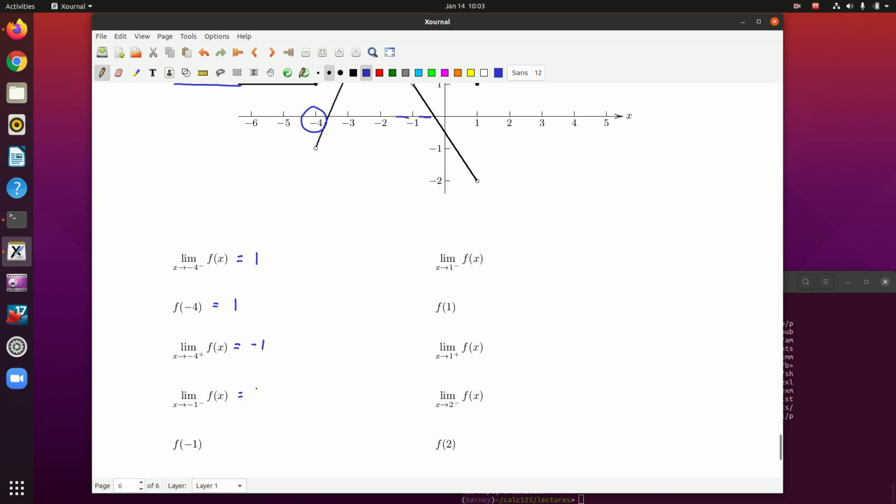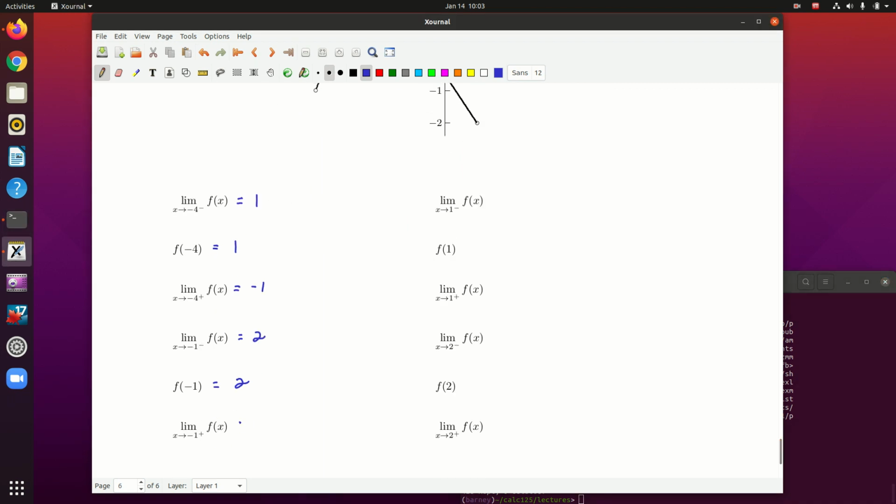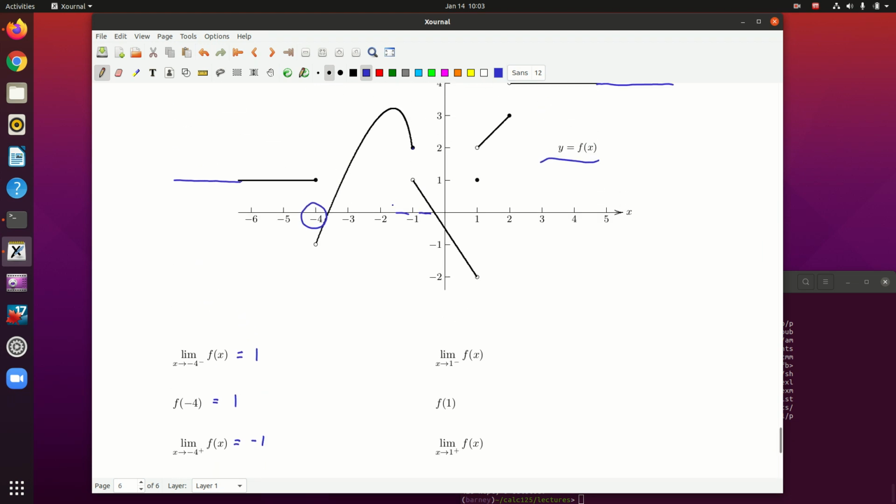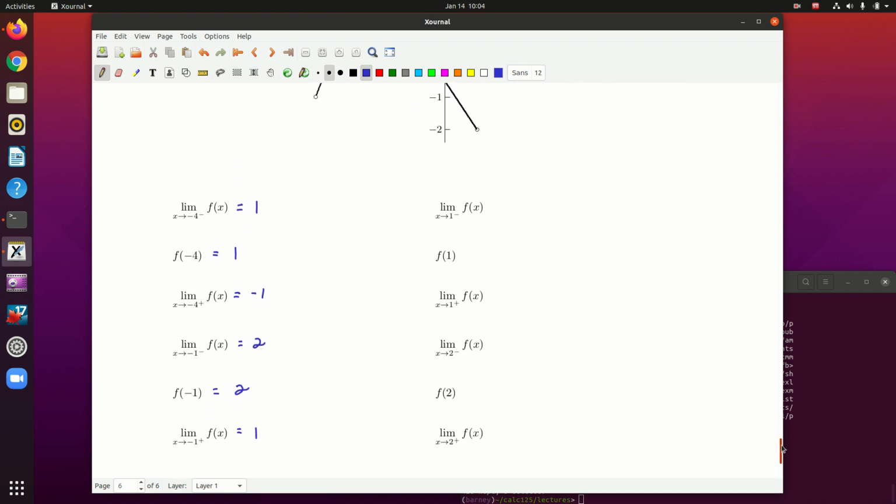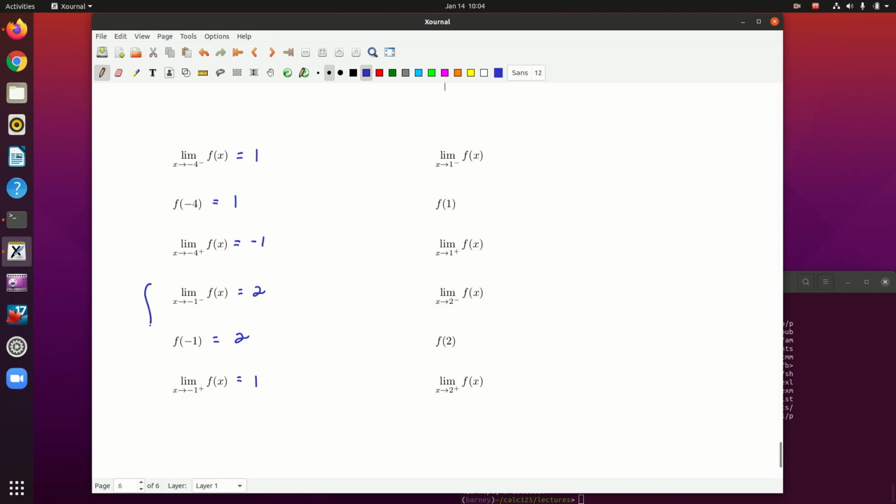So as you approach -1 from the left-hand side, you're going along this part of the graph. That's why you get 2. If you're approaching here, you're going along this part of the graph, and so you're running towards the point 1. And if you actually plug in the number -1, you're up at the bullet point there, which is 2. So that's where we got the 2, 2, 1 for those answers here.